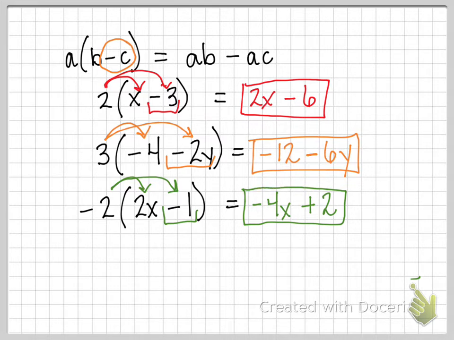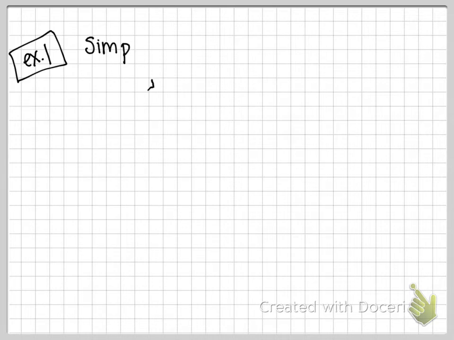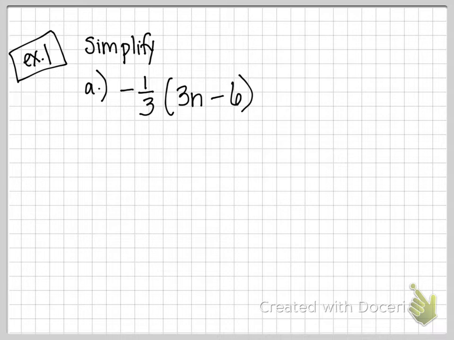Good? All right, let's do a couple examples. Now, these should be easy because we actually already did a bunch of examples. Now, good old fractions, they're not gone. So you need to remember your rules for multiplying fractions. Feel free to take the fraction part aside and do your multiplication in order to do this correctly. Distribute in the -1/3.